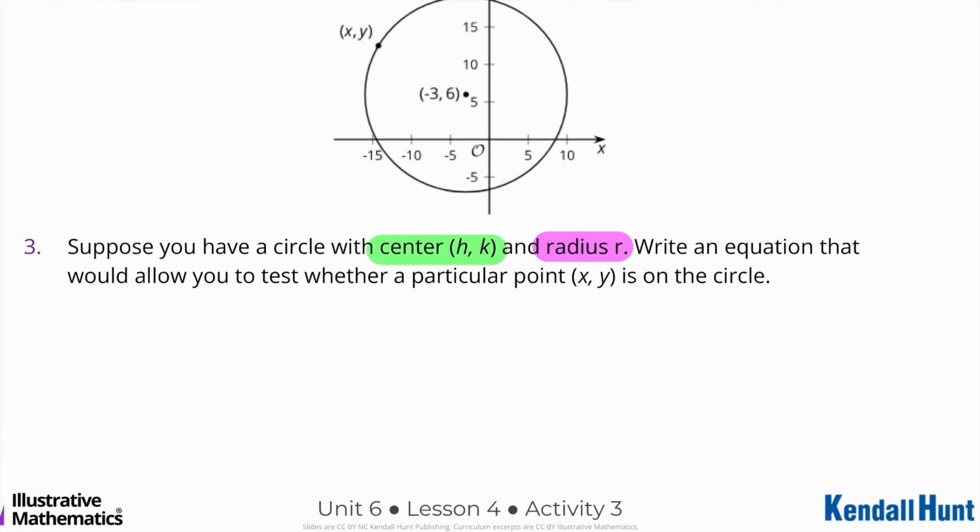on the circle. Now, the way we were doing this is difference of x, difference of y, and then each of those being squared and then added together, and then equal to our radius squared. So I'm going to color code these parts so that you can see. We were using the difference from x and squaring it.